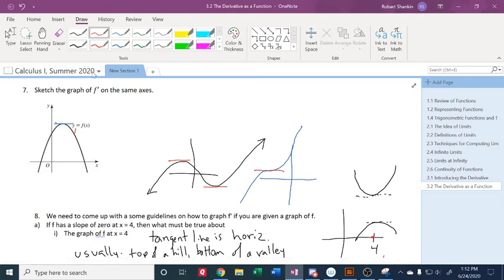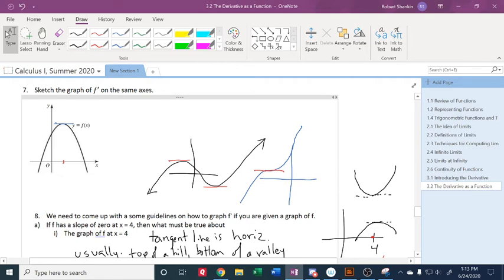Since we have a horizontal tangent line right there, that's going to become an x-intercept. A dot right here on the x-axis. Okay, so that's the first thing you do: you find tops and bottoms, any horizontal tangent line, and that becomes an x-intercept for the derivative function. If it was like this one, it would have 2 x-intercepts. We would make 2 dots.